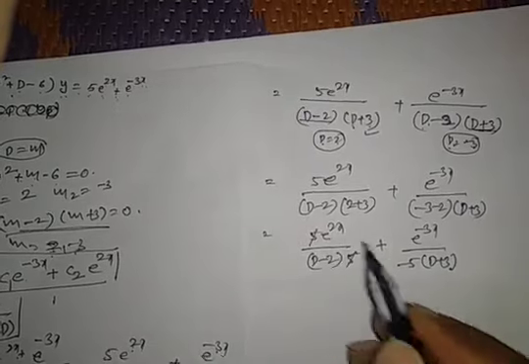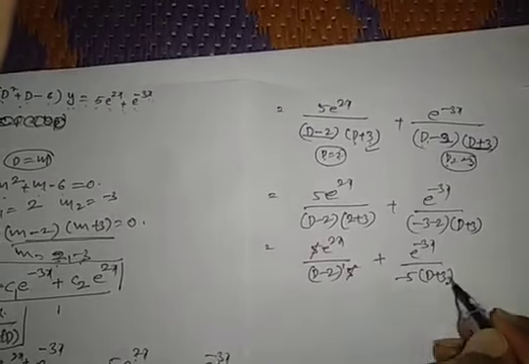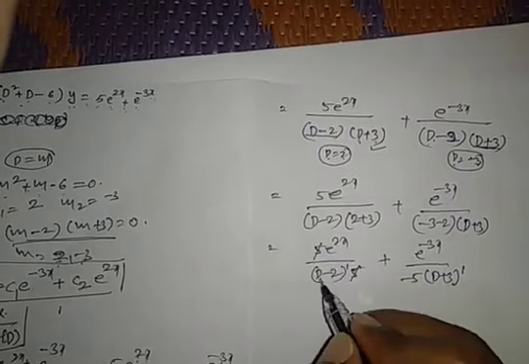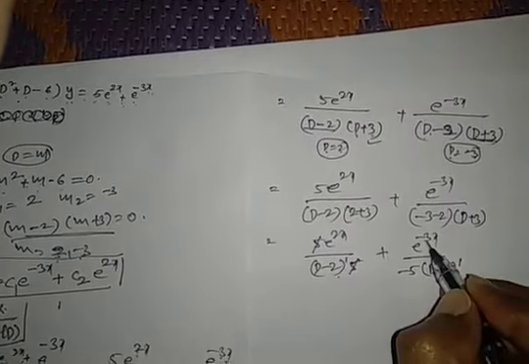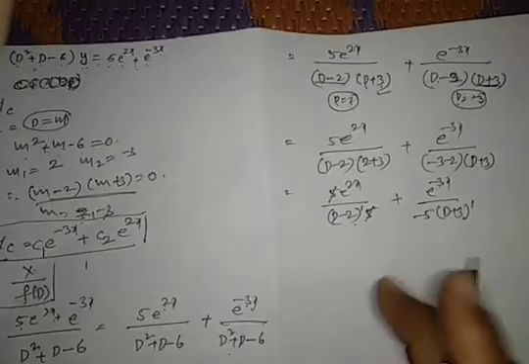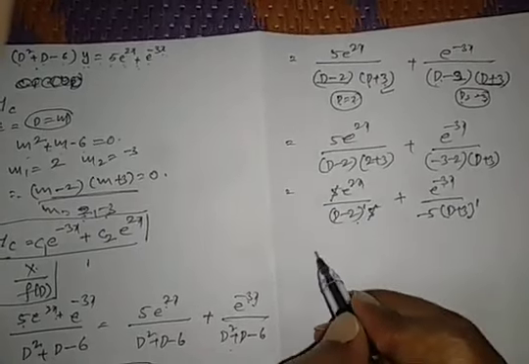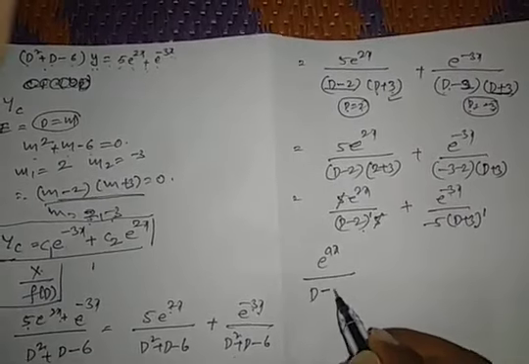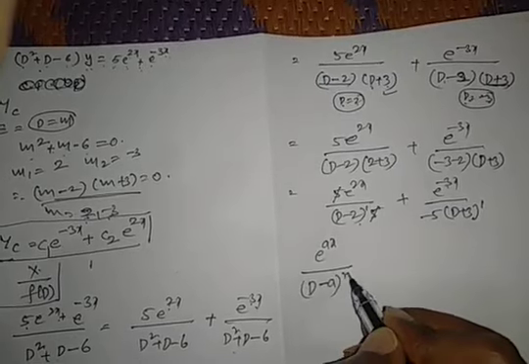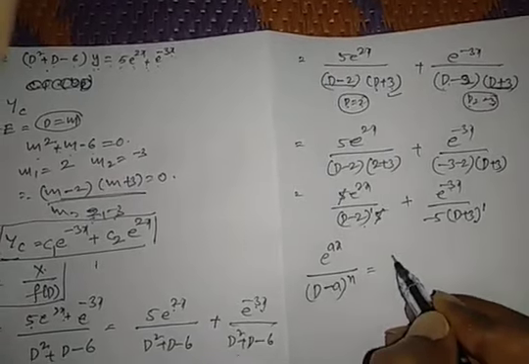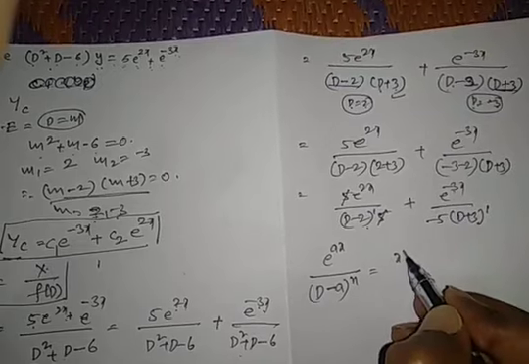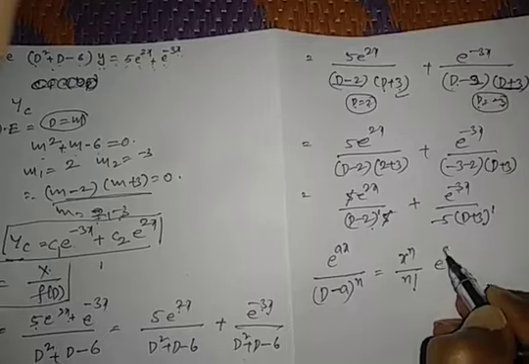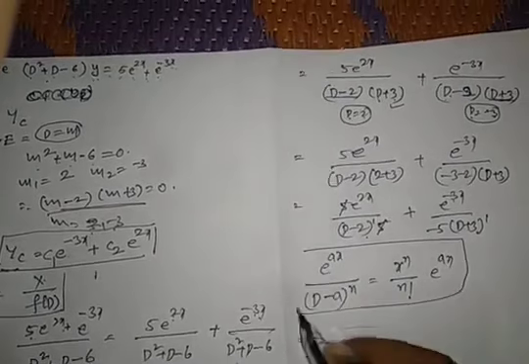See here, 5 gets cancelled. If we observe, the power value is 1, here also the power value is 1. Again if we substitute D is equal to 2 here, it is 0. If we substitute D is equal to minus 3, this is also 0. So in this case we have to use the formula: e to the power of ax by (D minus a) whole to the power of n is equal to x to the power of n by n factorial into e to the power of ax as it is.